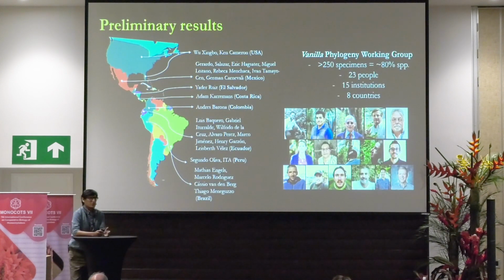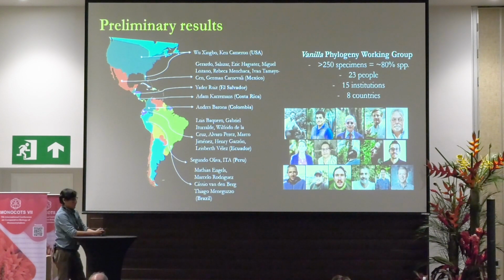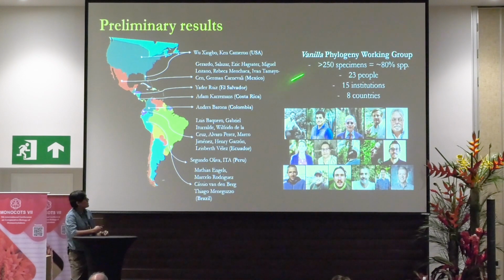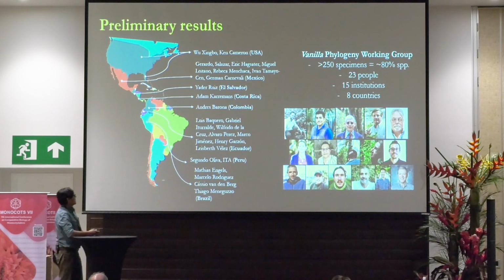So for the results, and these are just really preliminary results, something that I constructed with several colleagues is what we are calling the Vanilla Phylogenetic Working Group. This is really crucial because you definitely cannot do this type of research without involving several people and different institutions, especially dealing with vanilla, which is widely distributed on the continent.